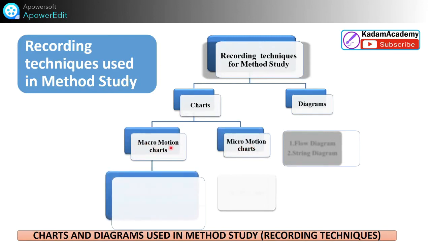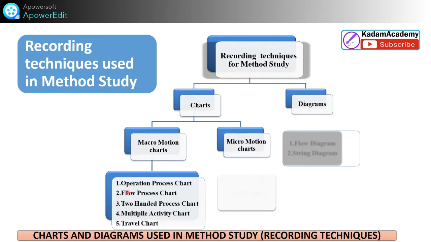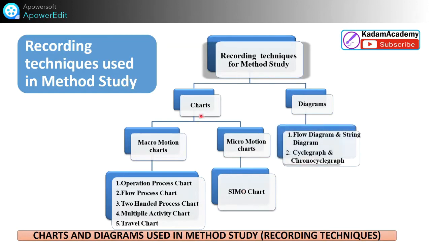Under macro motion charts, we are going to study five different methods: operation process chart, flow process chart, two-handed process chart, multiple activity chart, travel chart. And under the micro motion chart, the SIMO chart. Similarly, for diagrams, the flow diagram, string diagram, cycle graph, chronocyclegraph.